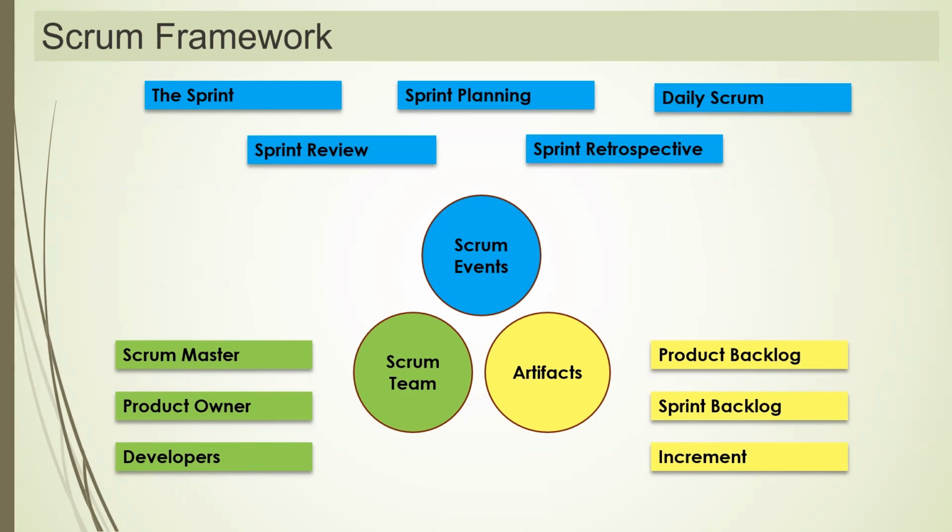So the product owner is someone who owns the delivery. If you are the people making the software, then there should be someone who has the accountability of the development approach, and the product owner is the person accountable for delivery to the customer. So the product owner is customer facing.